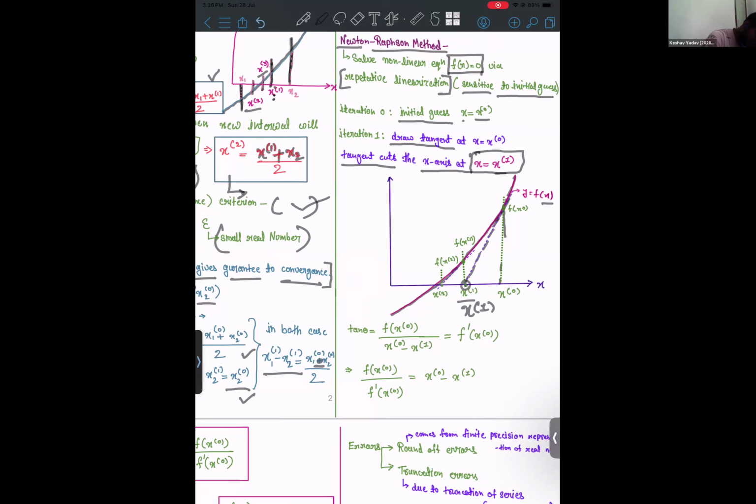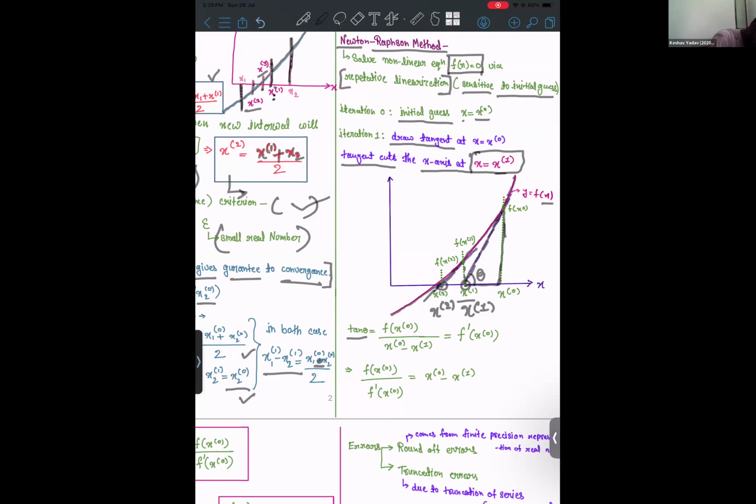Now from this point, I will draw the tangent again. It will cut the x-axis at some point. That will be my x at the second iteration. If you see here in this triangle, if I assume this angle as theta, what will be the value of tan theta? Tan theta will be height divided by base.